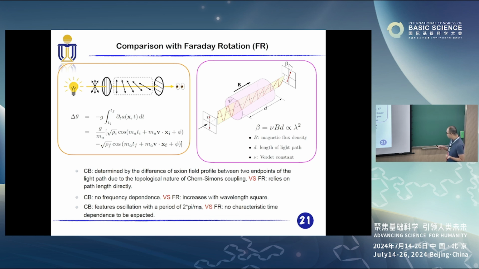Okay, this is the second difference. And thirdly, cosmological birefringence, as said, features oscillation with the period determined by the axion mass. But for Faraday rotation, there is no characteristic time dependence to be expected.